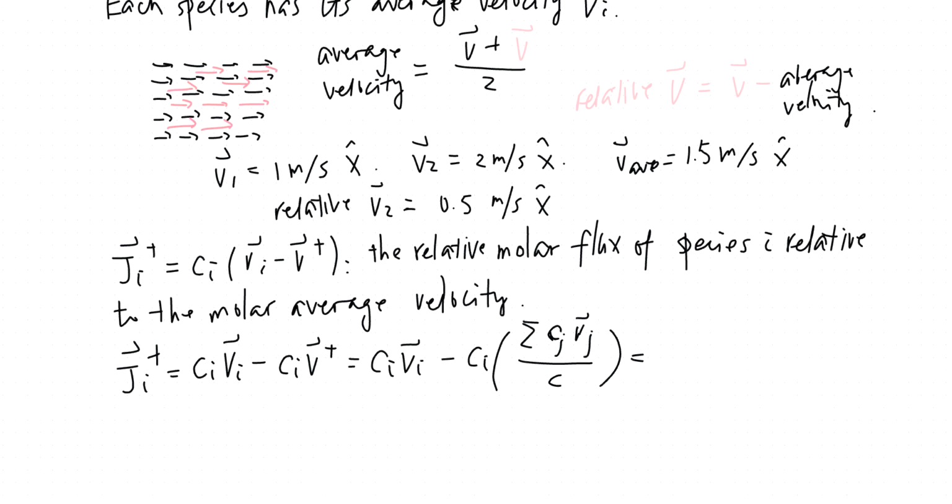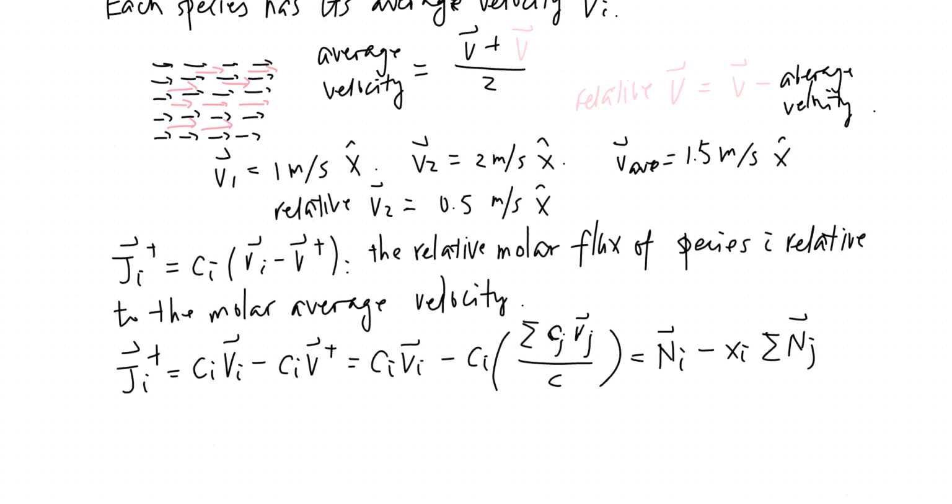If you look at the table, by definition, this is N_i. And a minus, so we have this C_i divided by C, this is x_i. And then you have the sum of C_j V_j. C_j V_j is N_j.